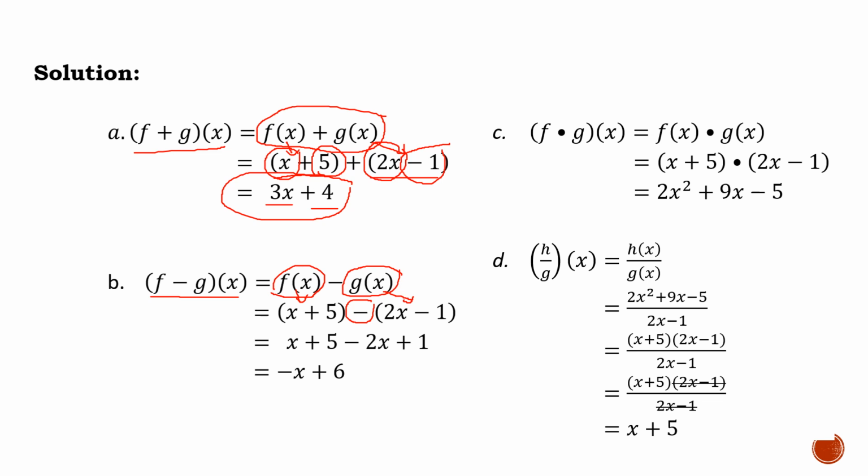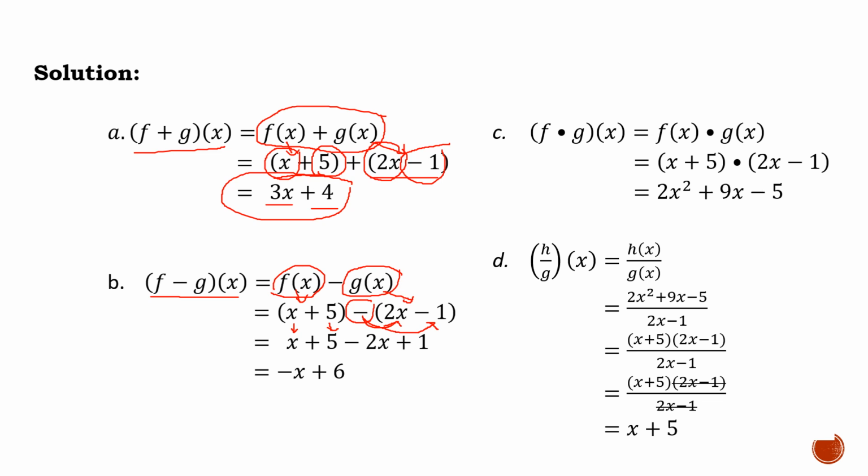Now, we just simply copy your x and 5, so minus. So you need to make sure that there is a parenthesis involved when you are dealing with your subtraction for less confusion. So we just simply distribute this negative to your 2x and negative 1.